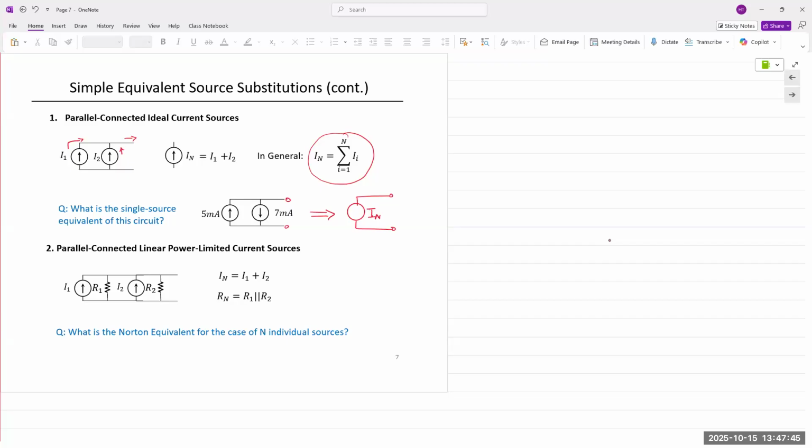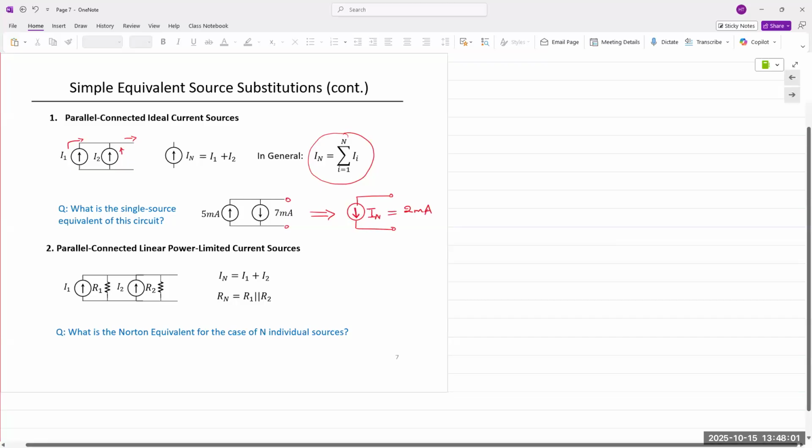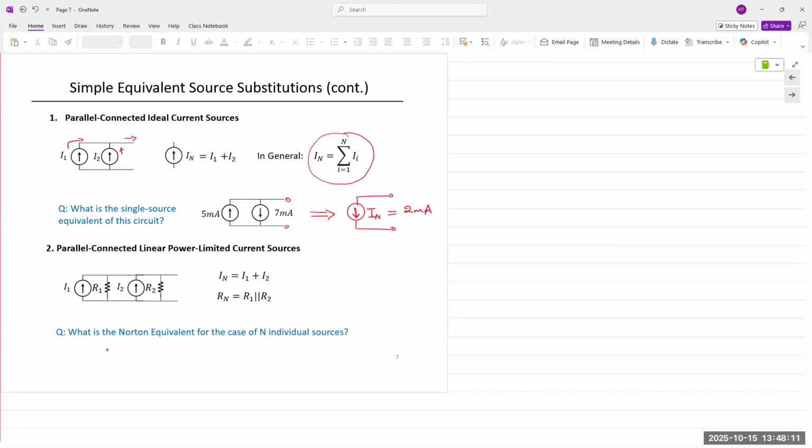Down, yes. The numbers are 5 and 7, so it's down, and the value is 2 milliamps. And if you connect them in parallel, Norton current is I1 plus I2, the total sum, and the Norton resistance is R1 parallel R2.